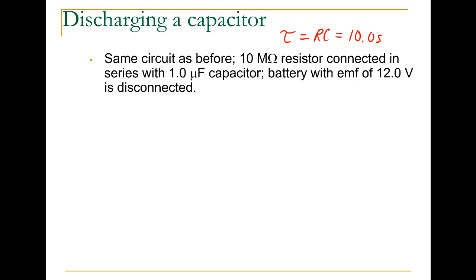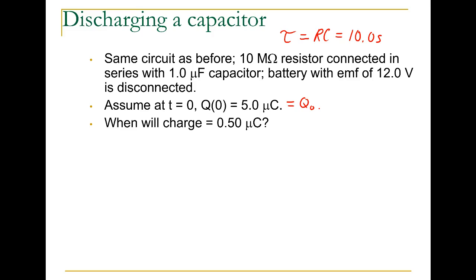And we have a battery with an EMF of 12 volts that's disconnected, which turns out to be irrelevant because we don't have a battery when it's discharging. So we want to assume that when t is equal to 0, Q naught is equal to 5 microcoulombs. So that's Q naught. And what we want to do is calculate when the charge is equal to 0.5 microcoulombs. And also, what's the current at that time?